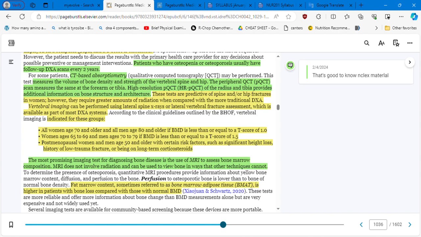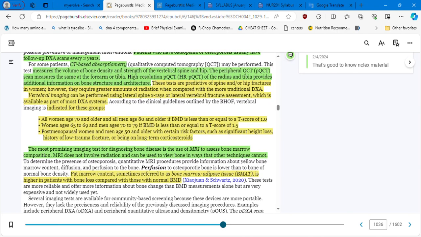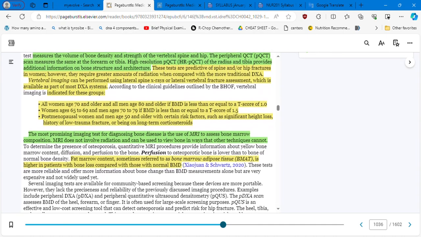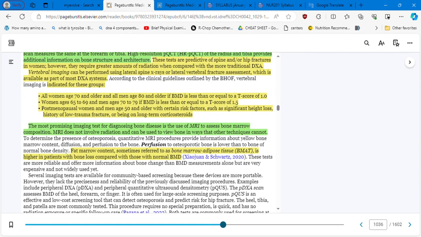Vertebral imaging can be performed using lateral spine X-rays or lateral vertebral fracture assessment, which is available as part of most DEXA systems.